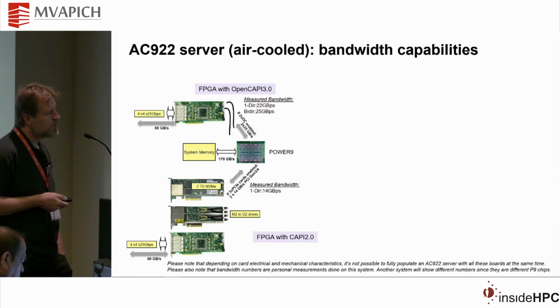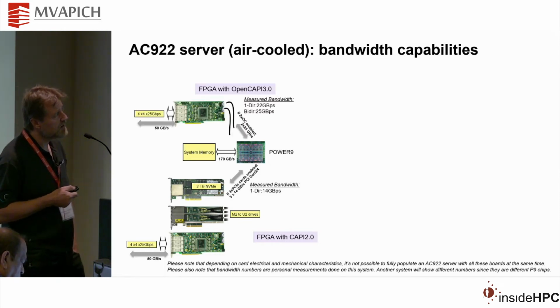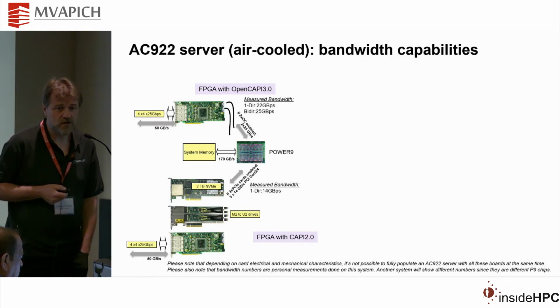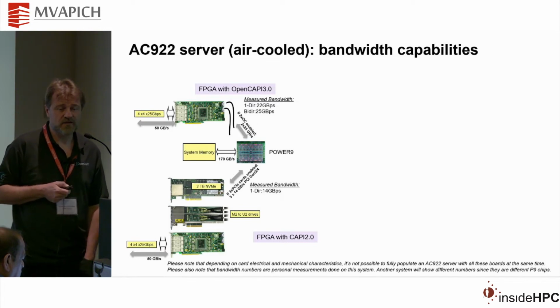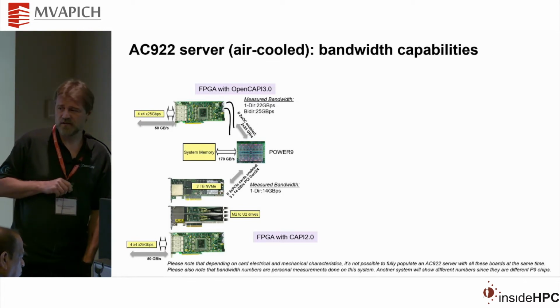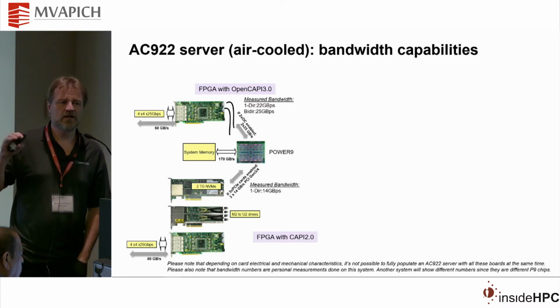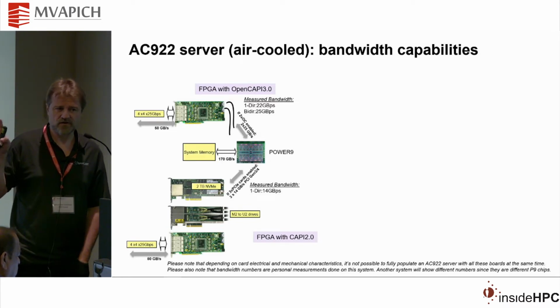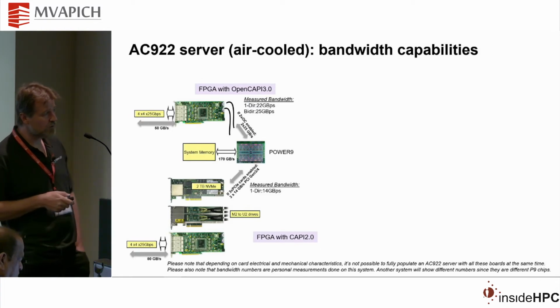On a machine, this is the AC922 in its air-cooled version, in which you can only have 2 GPUs per CPU, whereas on the Summit machine, the Top500 machine, they had water-cooling, and they could afford to have 3 GPUs per CPU, 6 GPUs per node. In our case, 4 GPUs maximum per node.